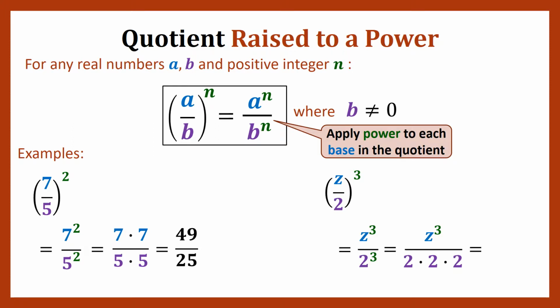In turn, this equals z cubed divided by 8. And this is the result of the second example.